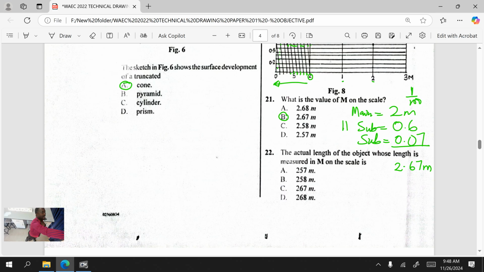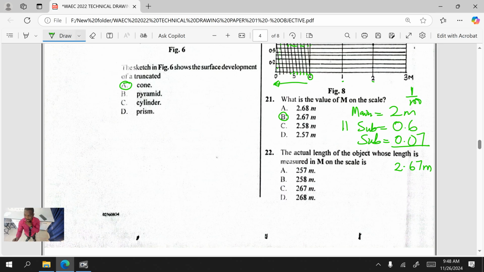So you just multiply the drawing by 100. You multiply 2.67 by 100. Remember your multiplication of decimals in primary school. So we have 267 meters. It's as simple as that. So the answer to this is what? Is C.